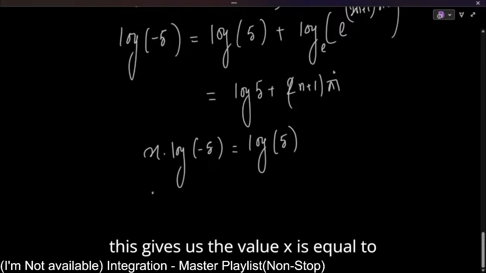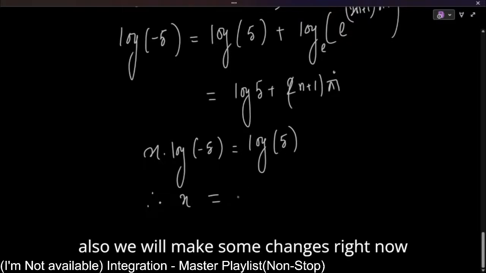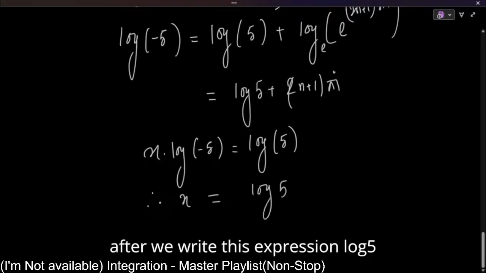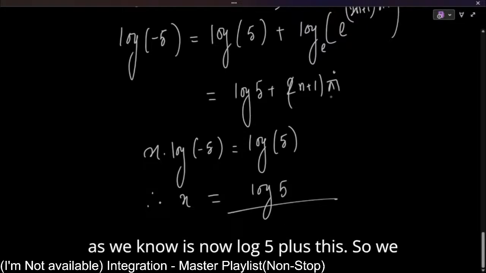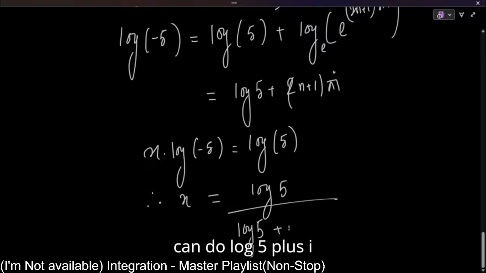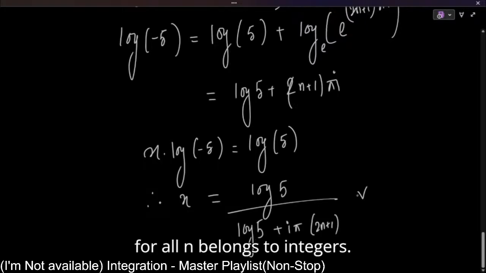So this gives us the value x is equal to log 5 divided by log of minus 5, which as we know is log 5 plus i pi (2n plus 1) for all n belonging to integers.